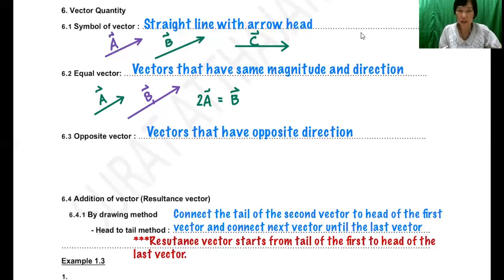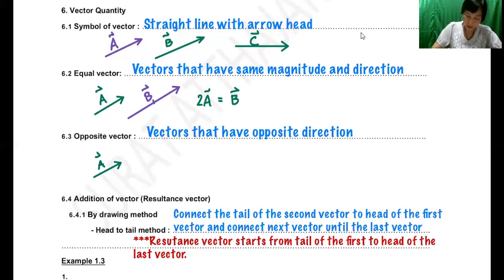When vectors are opposite, it means that they have opposite directions. Okay, I will suppose the same as the previous example. We still have vector A and its direction looks like this one.